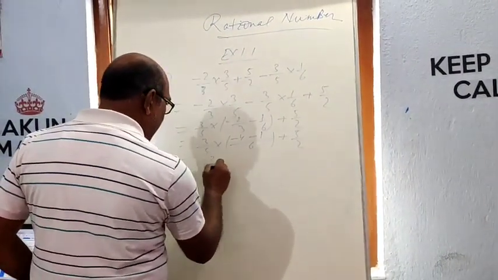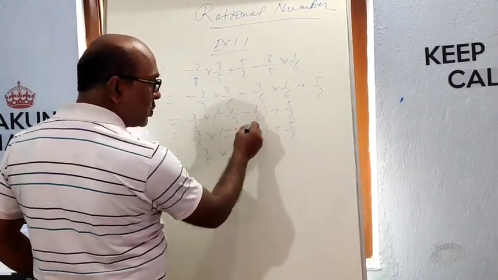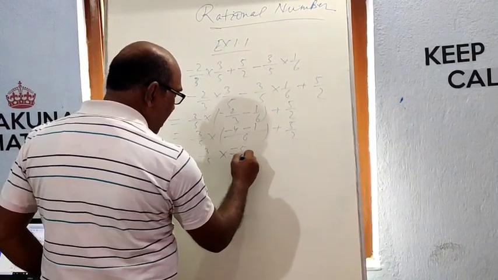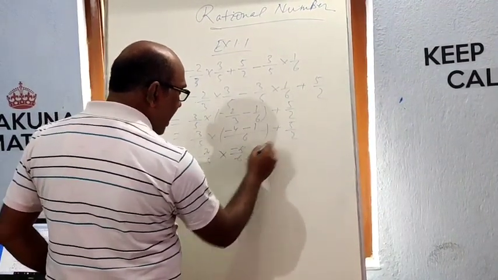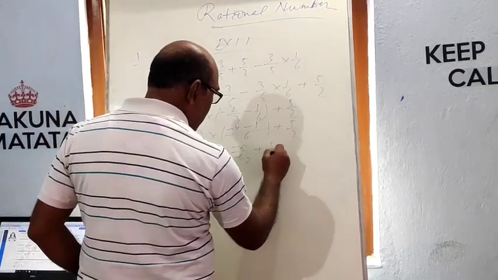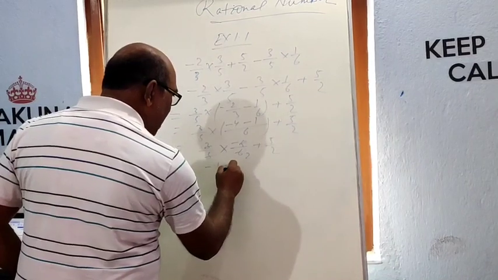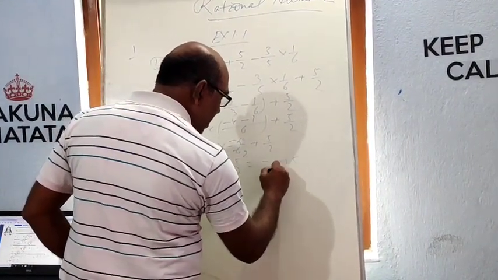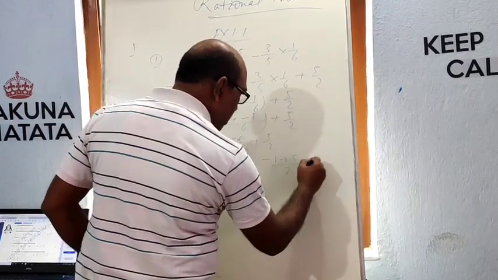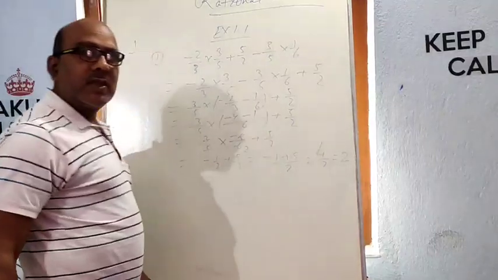Now 3 by 5 into minus 5, minus 4 minus 1 is minus 5, and minus 5 by 6. 5 5 cancelled. 3 twos are 6 and this is 5 by 2. Therefore this is minus 1 by 2 and plus 5 by 2. Therefore minus 1 plus 5 by 2, and this equals 4 by 2, and therefore your answer is 2.